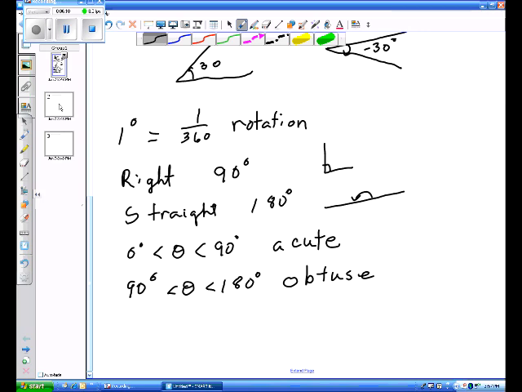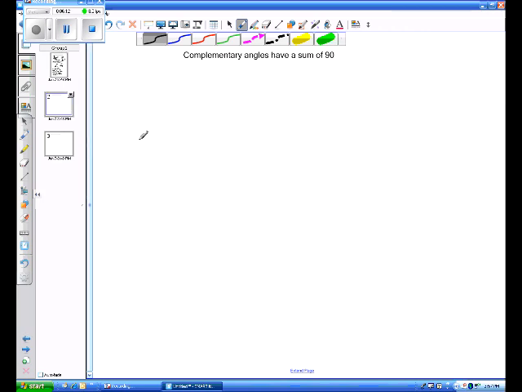Another definition that we'll look at is for complementary angles. Complementary angles are angles that have a sum of 90 degrees. And so if we wanted the complement of 30 degrees, well, we know that 30 plus some angle would be 90, so 90 minus 30 degrees. The complement of 30 degrees then would be 60 degrees.